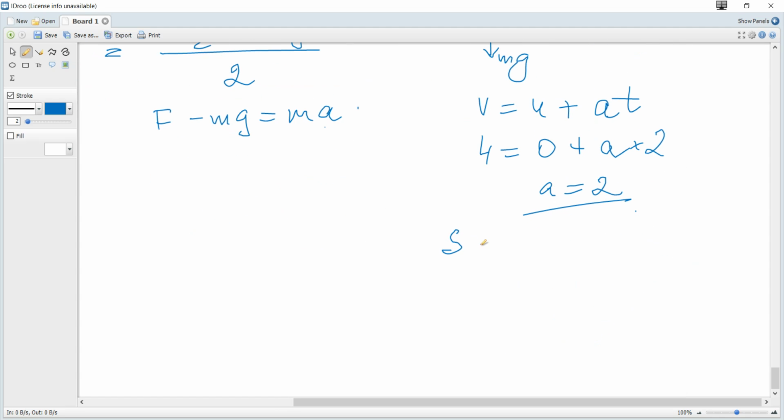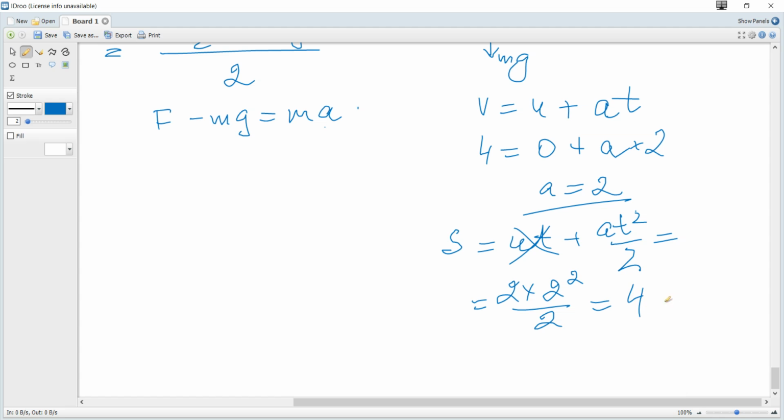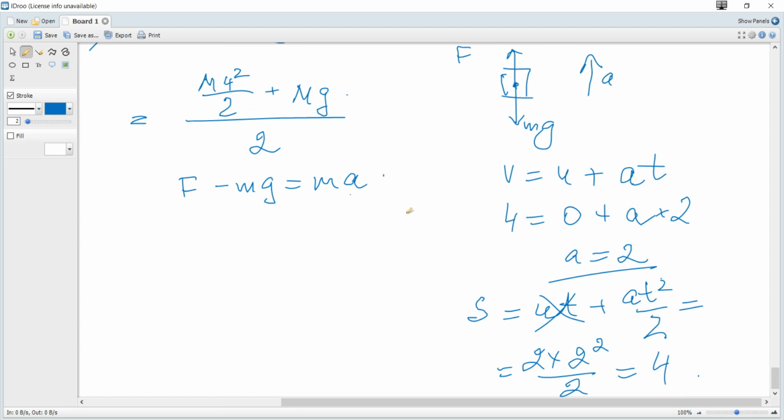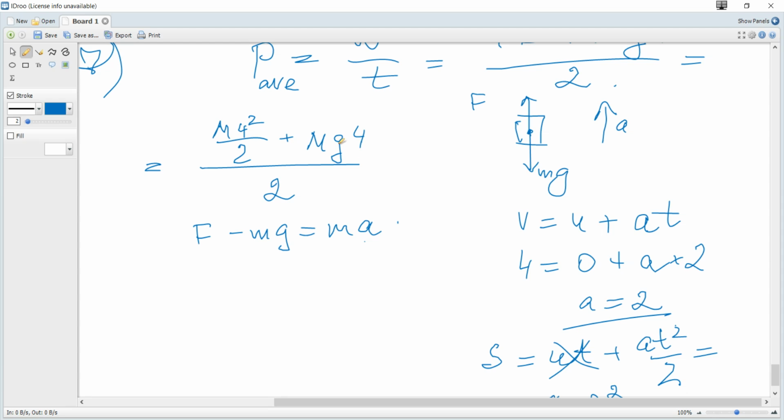We need height, so we consider displacement: ut plus at squared over 2. It's 0, so it becomes 2 times 2 squared over 2, which is 4, so h is 4, and g is approximately 10. So it becomes 16 over 2, 8 plus 40, 48 over 2 is 24 m.